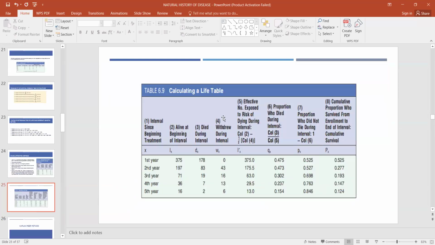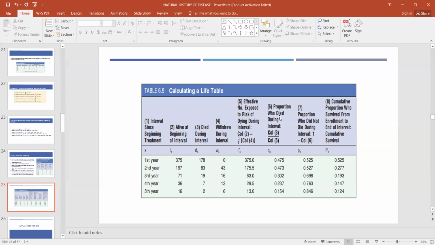So this is the calculation of the life table. These are the same four columns. Now, column 5, the effective number exposed to the risk of dying during the interval. So we subtract column 4 from column 2, and we get these values.